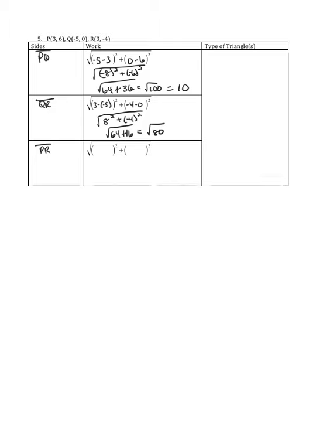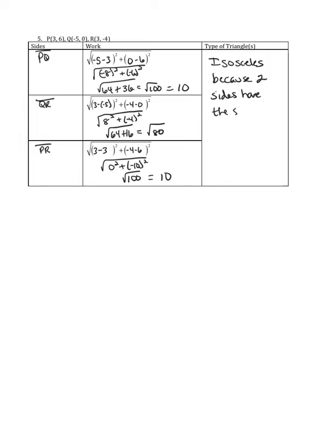Last one, PR. 3 minus 3 squared plus negative 4 minus 6 squared. Square root of 0 squared plus negative 10 squared. Square root of 100 equals 10. Isosceles, because two sides have the same measurements. There you go. So here's your key. If you want to do the work, I've attached it.